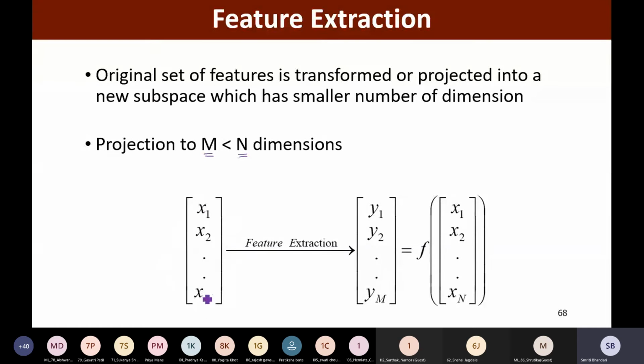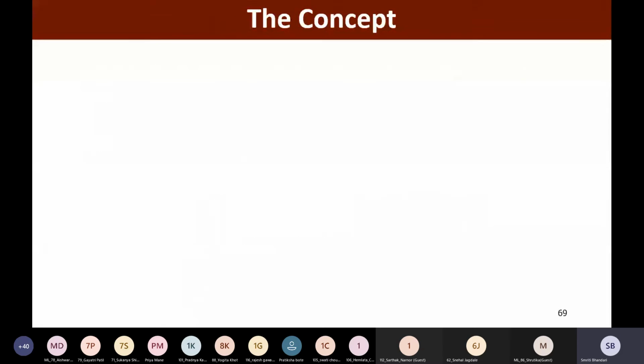So by some combinations, some transformations of the original features, we come up with fewer features y1, y2, ym. This is what our feature extraction method is. So in feature extraction also, we come up with m dimensions, which are fewer than the original dimensions.